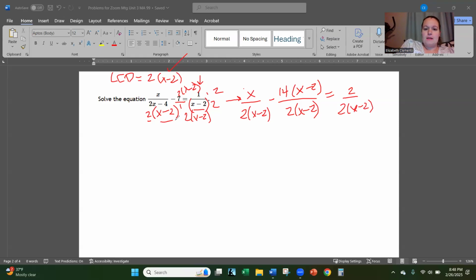So now all of these have the same denominator. With equations, if I multiply the same thing to both sides, it doesn't change the equation. Just like if I add the same things to both sides or subtract, it's the same thing for both sides. So now we're going to multiply by that denominator.